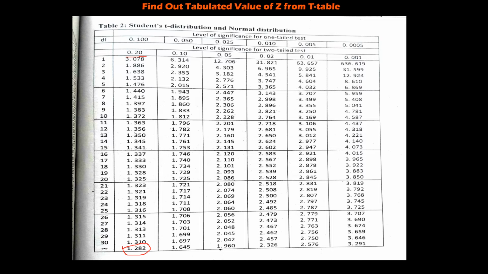And when we are given a 95% confidence level, we get a 5% significance level, and that is 0.05 significance level. So the Z value at 95% confidence level is 1.960. From this table, we will be able to find the Z value when we are given a confidence level of 80%, 90%, 95%, 98%, and 99%.